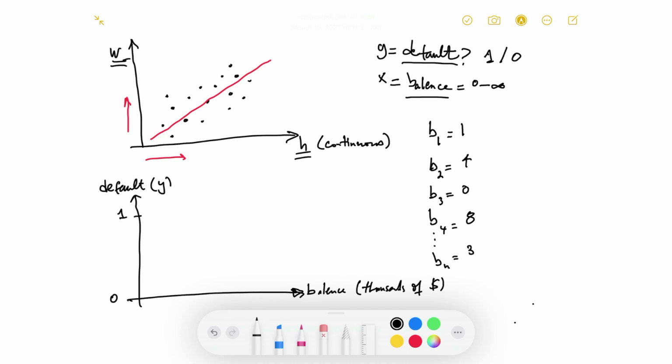And of course, these could have been something like this. Let's make this one more interesting: 3.5, this one 8.1. The balance is a continuous variable, going from 0 to infinity, and anything in between. So it doesn't have to be discrete. 1, 1.5, 1.99. You could have a credit card bill of 99 cents all the way to 9,997. You could go any value in the real numbers range.